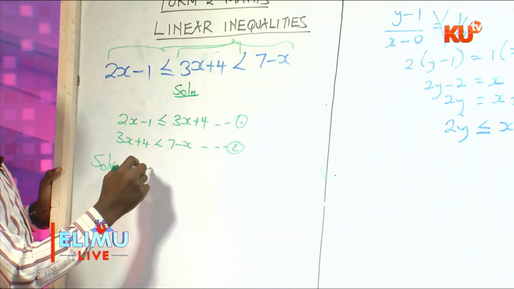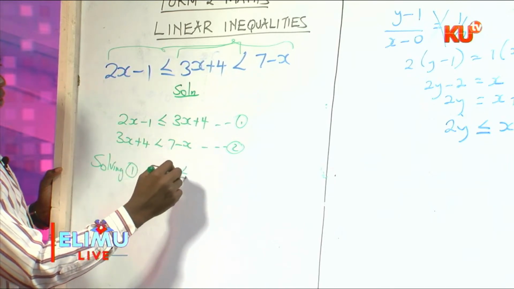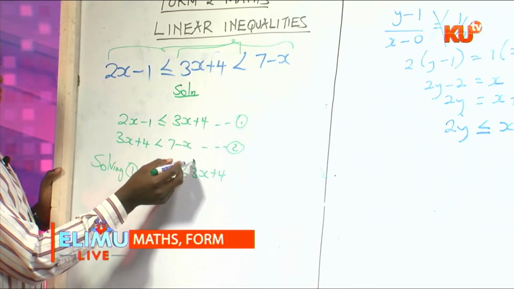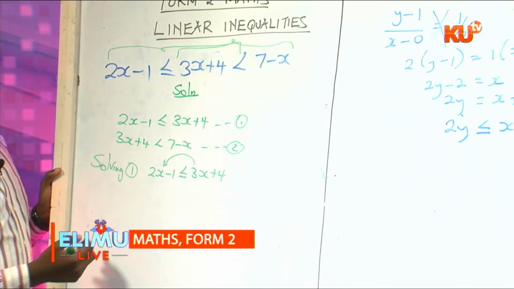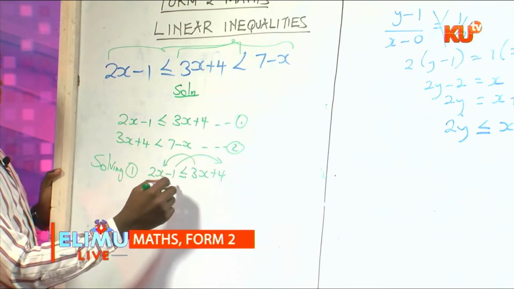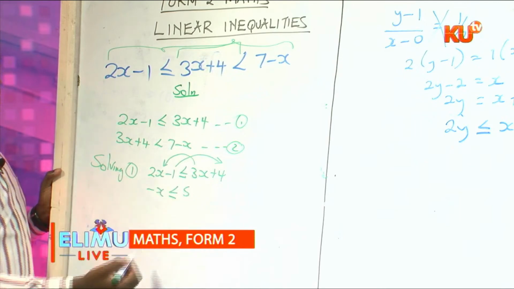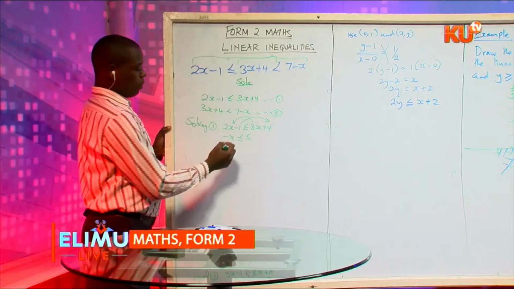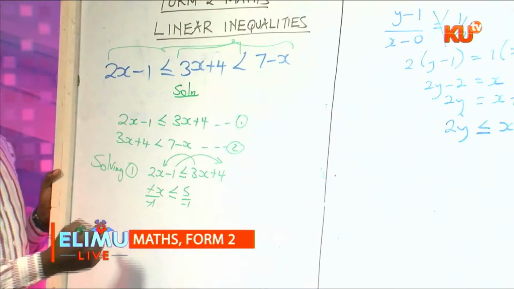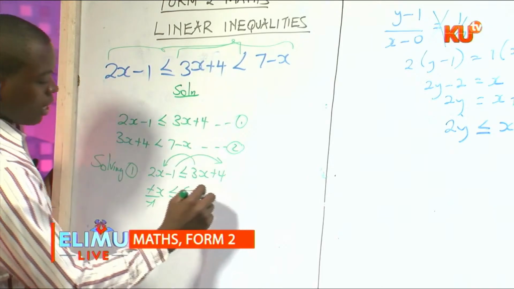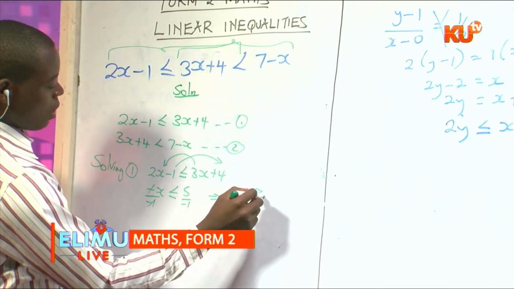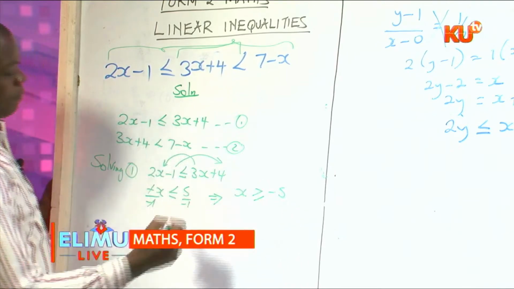Solving 1, we have 2x less 1 less than or equal to 3x plus 4. I will collect like terms. This becomes negative x less than or equal to 5. When you divide by a negative or multiply by a negative, the inequality sign changes. So now it becomes x greater than or equal to negative 5.